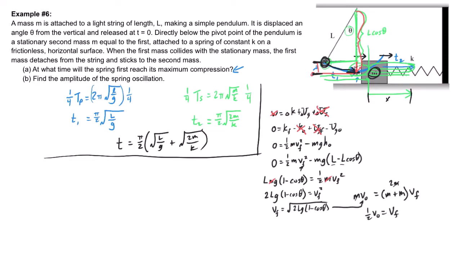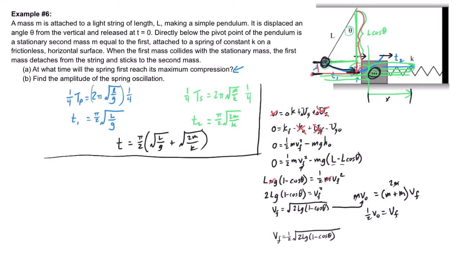So therefore, what we end up with is that our new velocity, this will be the final velocity after the collision takes place, will be half of what we had before. So the 2Lg times 1 minus cosine of theta.